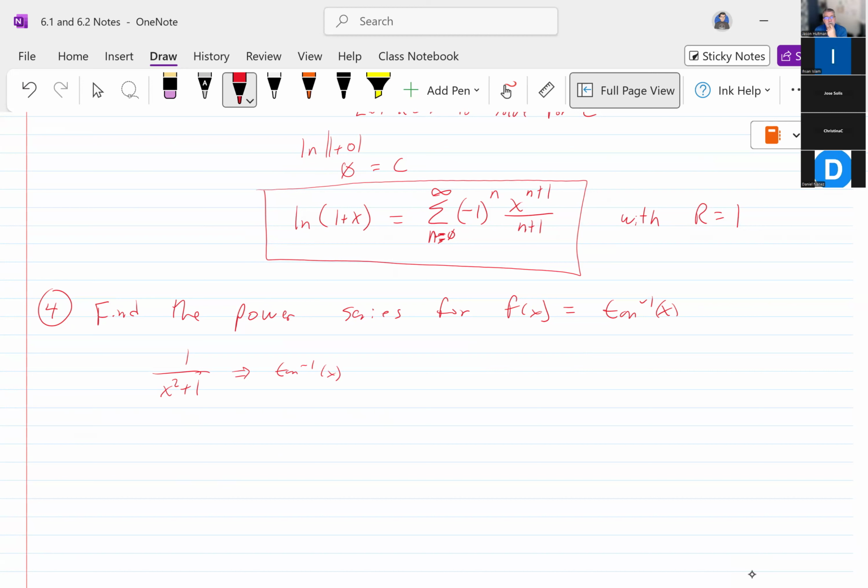Integration, right? Or wait, which direction? If we integrated the inverse tangent, then we get the 1 over x squared plus 1, right? If we differentiate the 1 over x squared plus 1, we get the inverse tangent. Does that make sense?